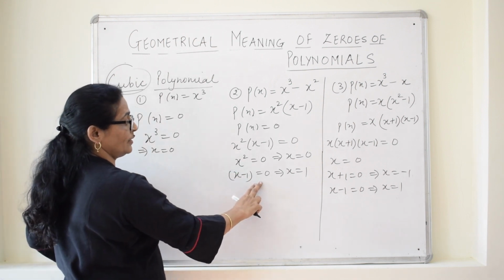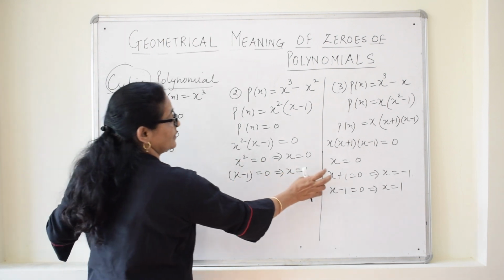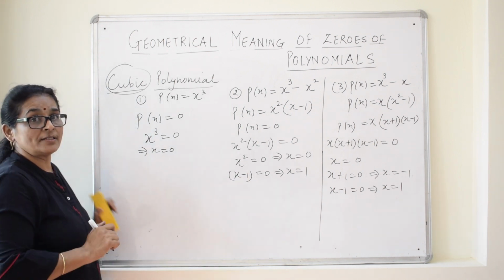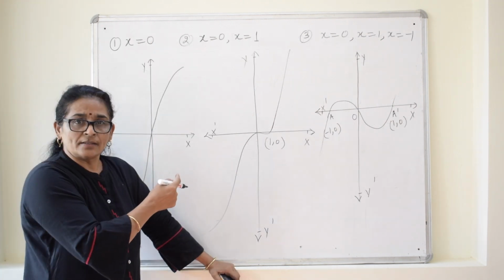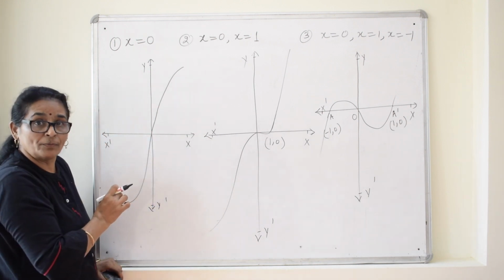Here the curve will intersect the x-axis at 2 different points. Here the curve will intersect the x-axis at 3 different points. So these are the 3 graphical representations of the cubic polynomials.